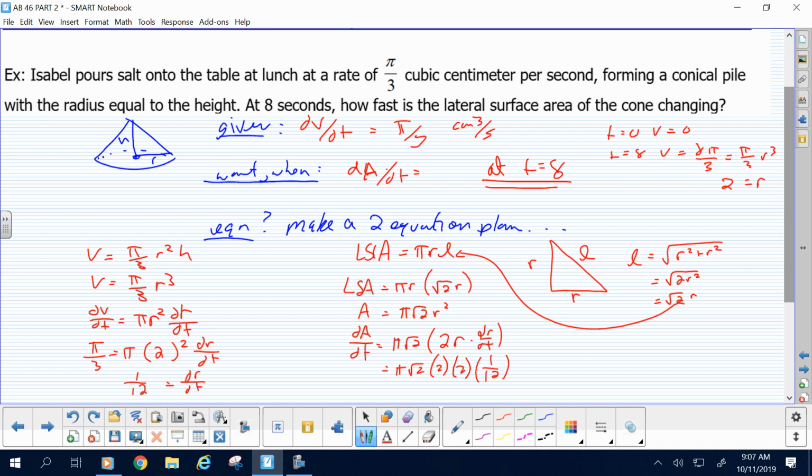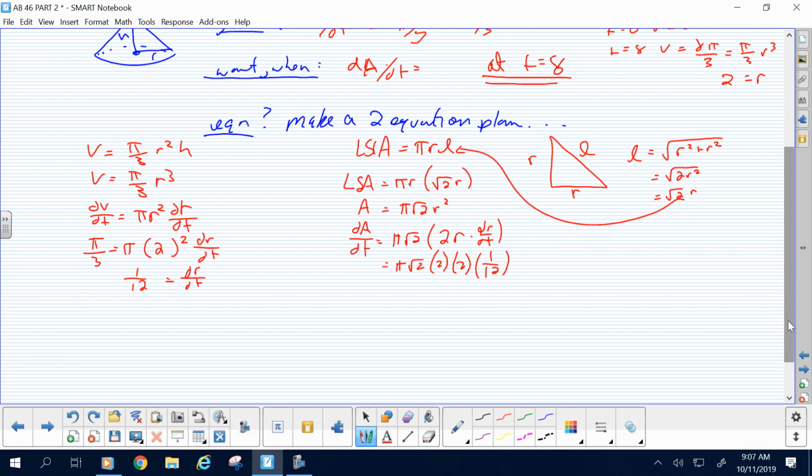Found that also just now. So dA dt is something like 4 goes into 12 three times, so pi root 2 over 3 units. Centimeters squared per second.